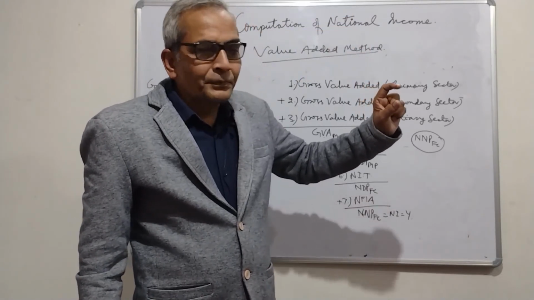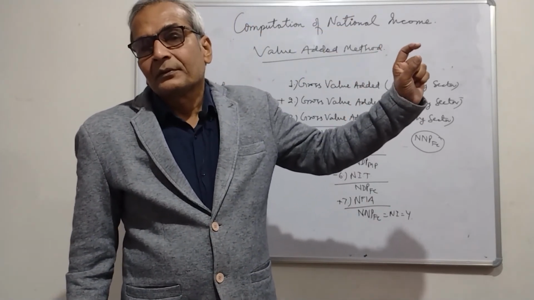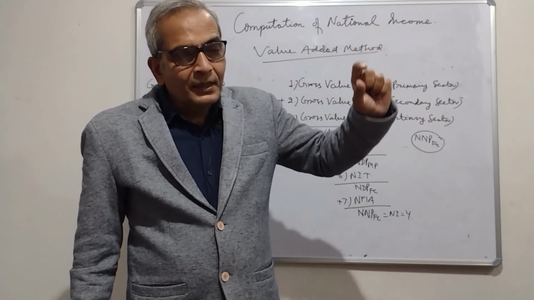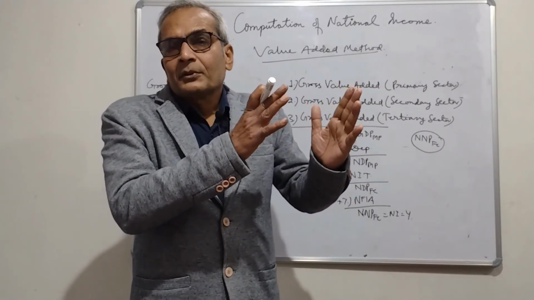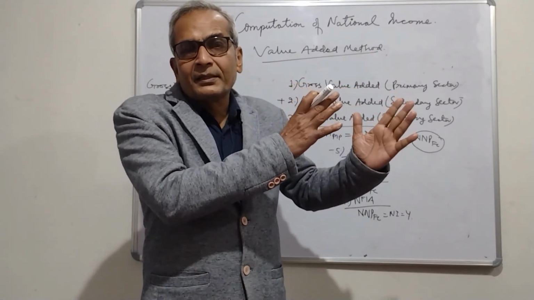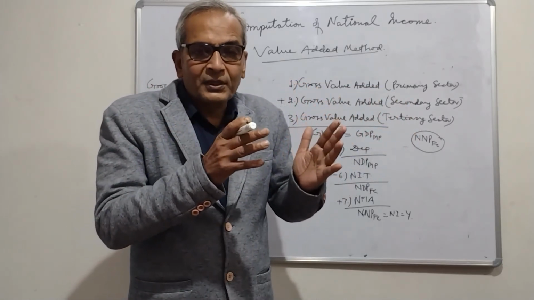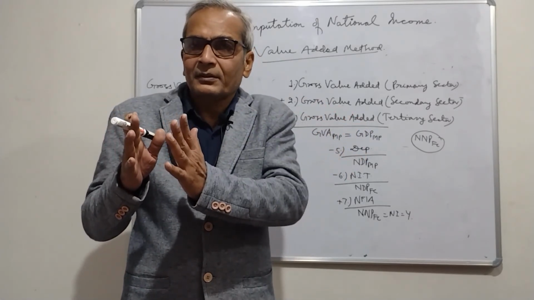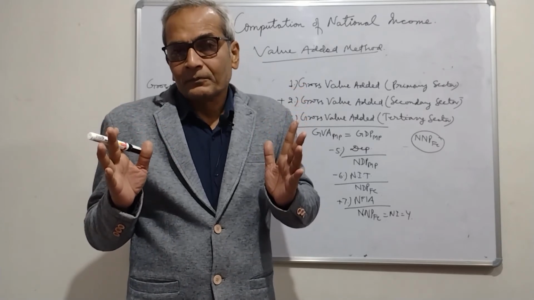In the second step, you put the figures for different parts of the formula. Then in the third step, you put together plus signs and you put together minus signs. In the fourth step, you add up all the plus signs and all the minus signs. And in the fifth step, you get the answer.